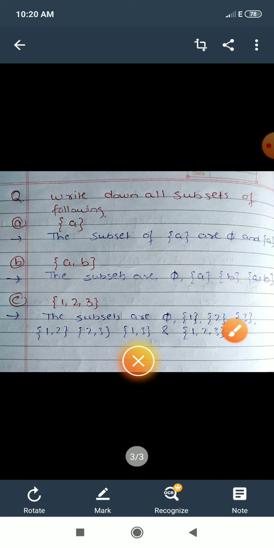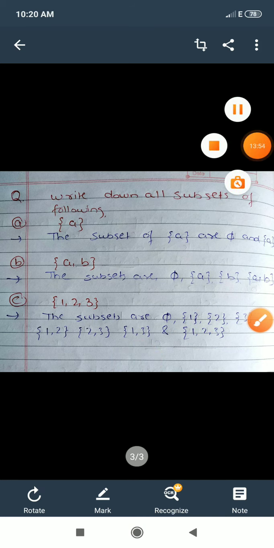So there are 1, 2, 3, 4, 5, 6, 7, 8 subsets of the set 1, 2, 3. So here you can easily verify the results according to this.